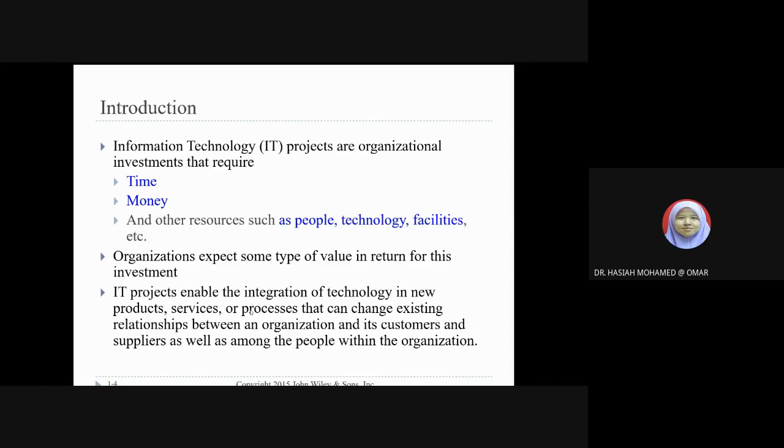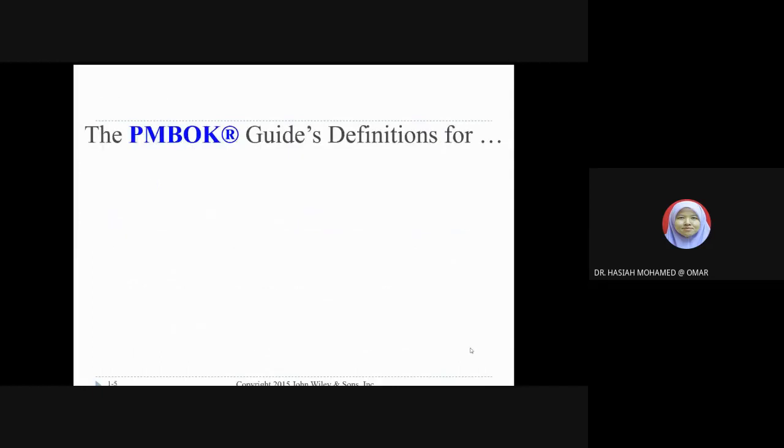So IT projects enable the integration of technology in a new product, service or process. The intention is that it can change the existing relationship between the organization and customers as well as suppliers, and on top of that, people within the organization as well.